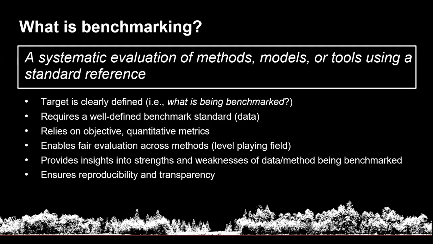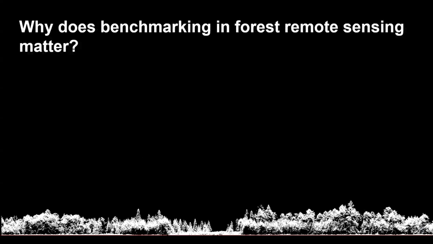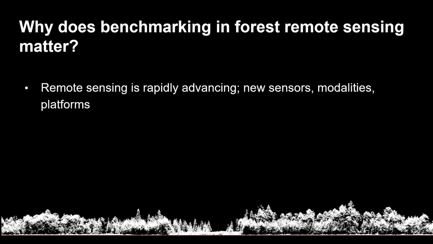Because the benchmarks are standardized, others can go away and reproduce results, audit methodologies, verify claims, and build on existing work. All of this serves to strengthen scientific credibility and supports collaborative processes. So why does this matter in forest remote sensing in particular? Remote sensing is all about technology, and like everything else, technology is rapidly advancing.